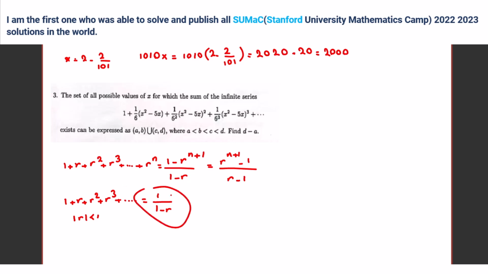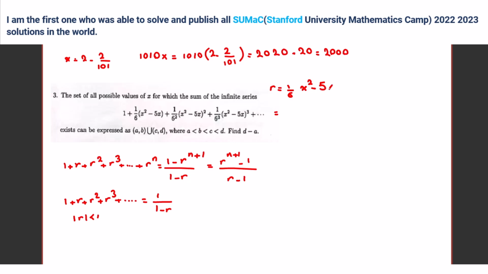Now that we know this formula, this one is what? In this case, can you tell me r is what? r is 1/6 times x squared minus 5x.